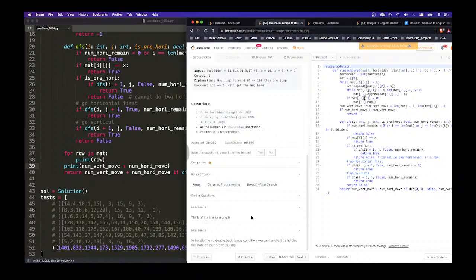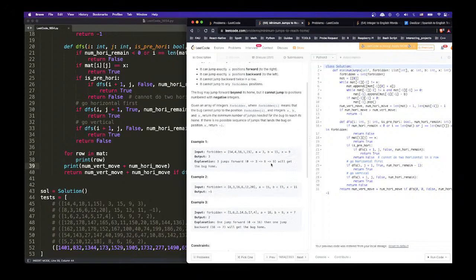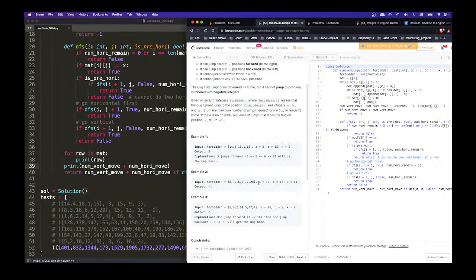That's one observation. So if a is larger than b, like this situation, and then if we just traverse, and then if at a certain point all of the values are larger than x, then that's impossible.